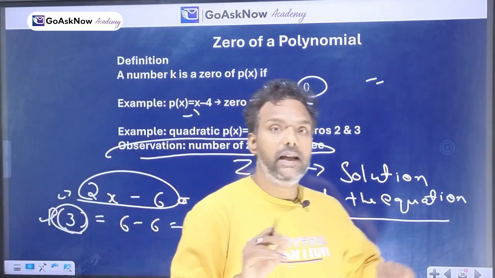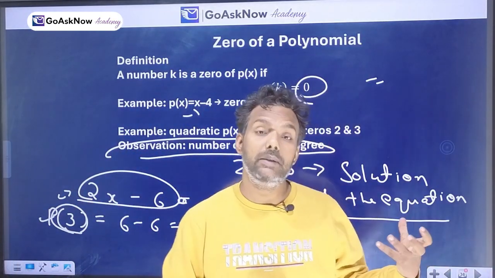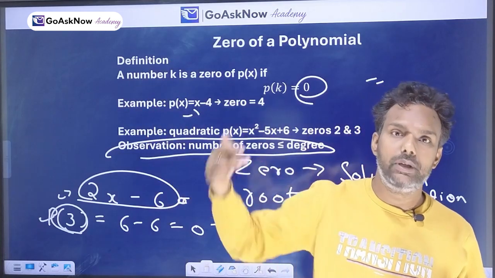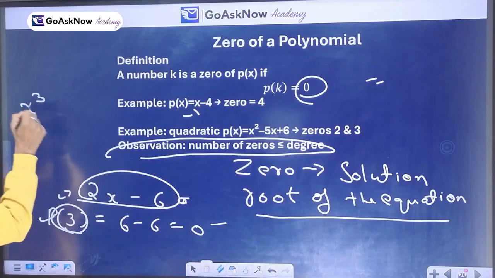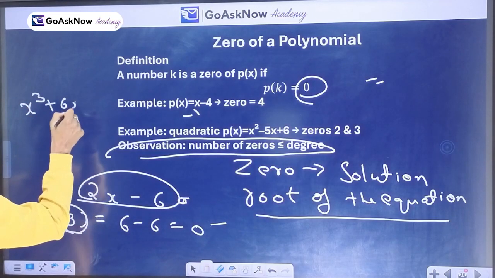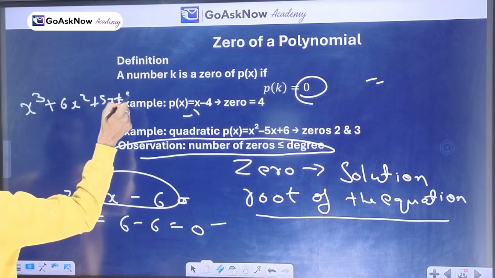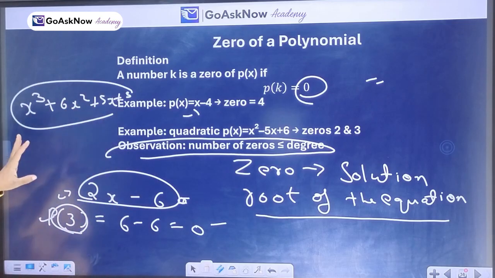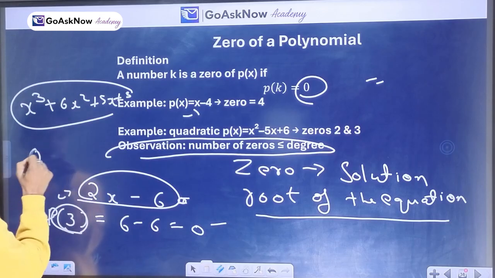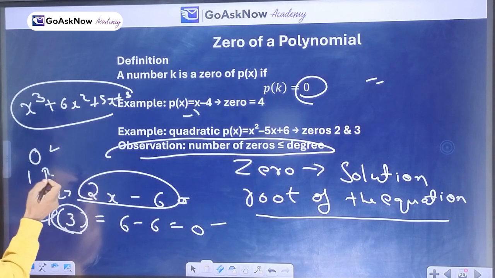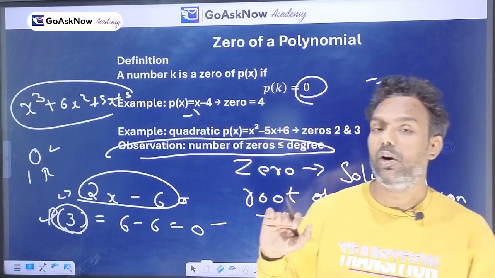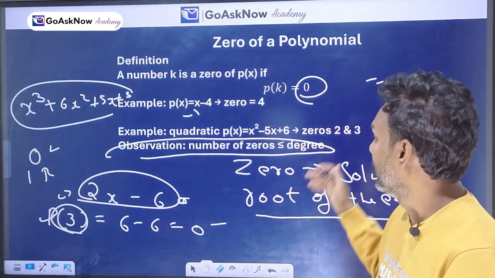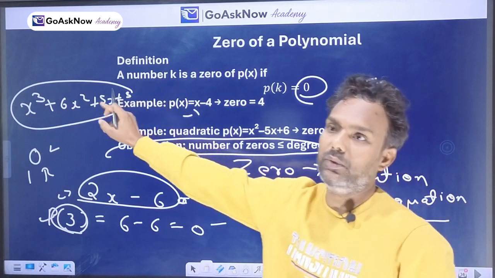I am saying that the roots of an equation can be at most equal to the degree. For an equation x cube plus 6x square plus 5x plus 3, I can say that the maximum number of zeros we can get is 3. The minimum could be no solution, meaning 0 roots, 1 root, 2 roots or 3 roots. So the number of zeros or roots of a given equation can be at most equal to the degree of the equation.